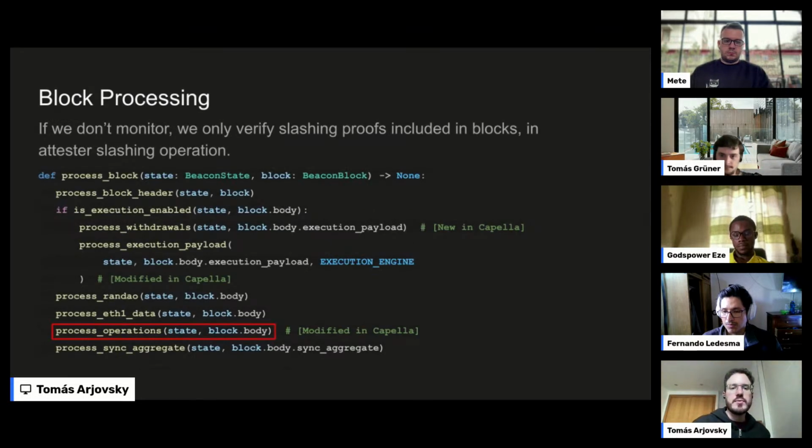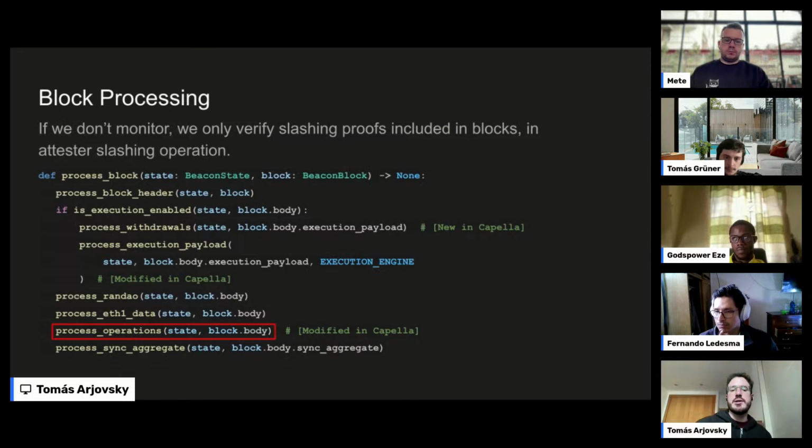For the slashing code, this doesn't happen in epoch processing, it happens in block processing. Why? Because the attestations that we use for Casper FFG are not the ones we receive in Gossip, they are the ones that we receive in blocks. So when we are processing blocks, we process the slashings.